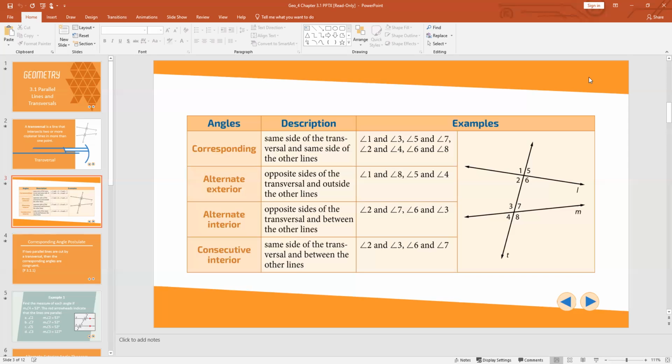For example, Gabe, if we looked at 1 and 5, what is the sum of those two angles? They're just number 1 and number 5. What do you know the sum of those two angle measurements are?